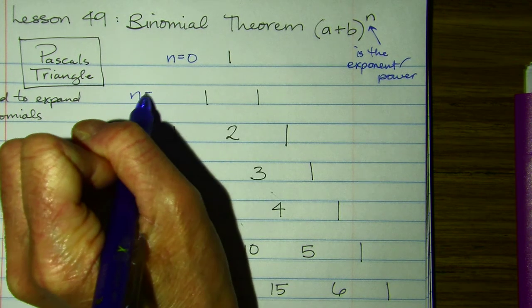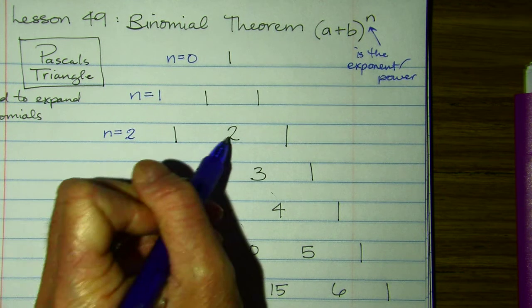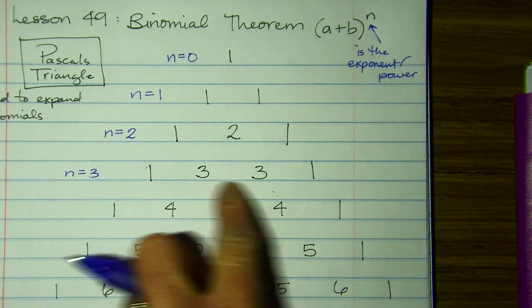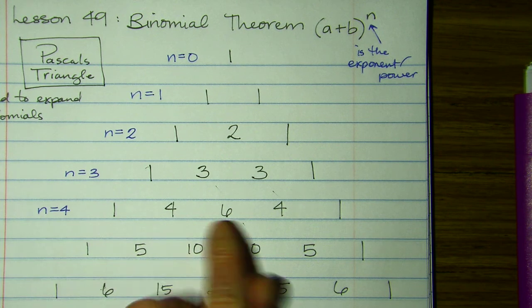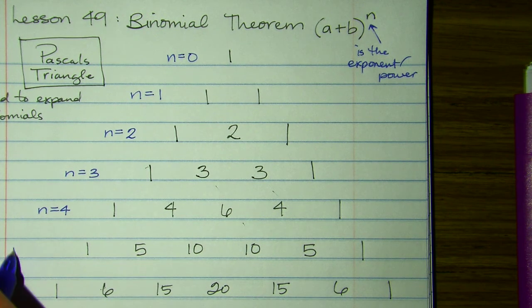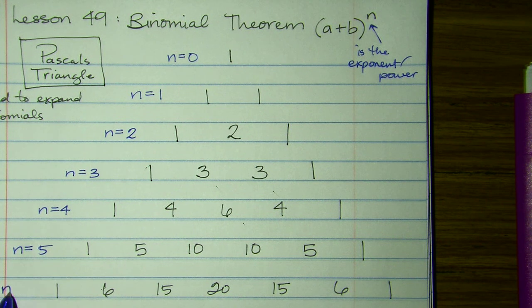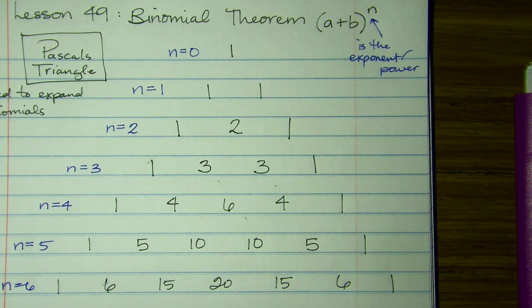This would be when n equals 1. N equals 2, notice 2, 2. N equals 3, you got 3s here. 4s. Can you guess the value here? 5. And here, 6. Now we're going to use these to expand binomials.